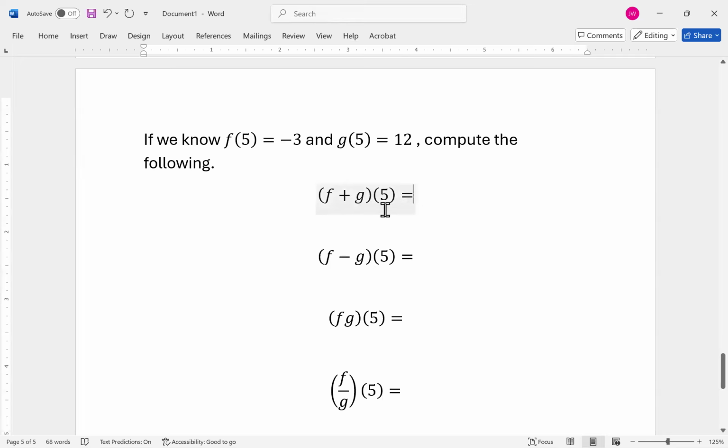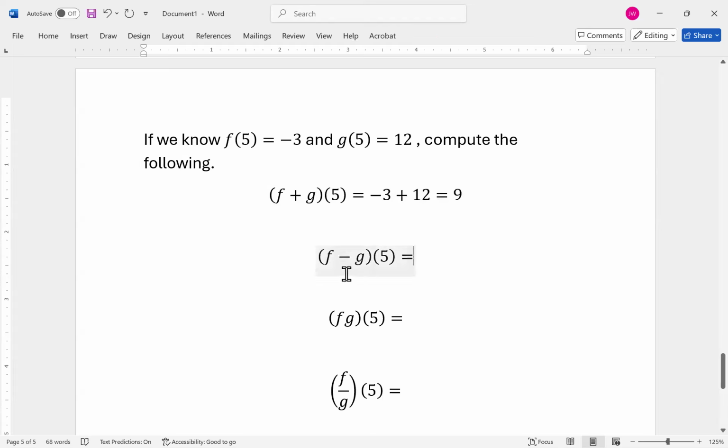So f plus g of 5 is just f of 5 plus g of 5. I'll skip writing that step and just say, well, f of 5 was -3. G of 5 was 12. So f plus g of 5, that function should have output of 9.